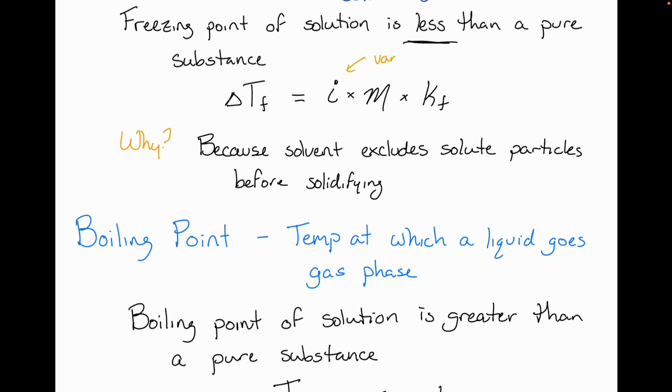This is what's called a Van't Hoff factor, and it accounts for the number of particles from a dissociated ionic compound.